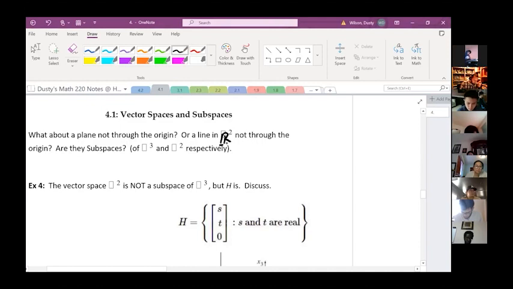Are they subspaces of R3 or R2? Yeah. So one of the keys is that it'll have to be a flat surface, and it's got to include some version of the origin in its set. Otherwise, it will fail by default.